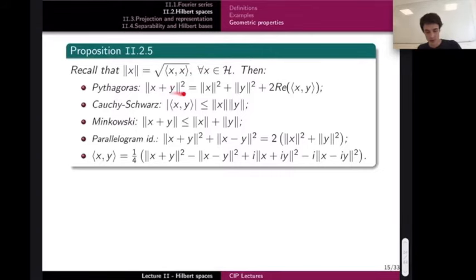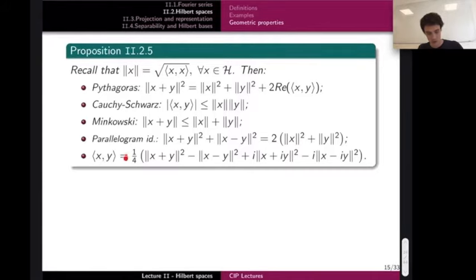The Cauchy-Schwarz inequality, which will be very useful. We will use it a lot. The Minkowski inequality, which derives from the Cauchy-Schwarz inequality. You have also the parallelogram identity. I write this one because I will use it in one of my proofs in a few minutes.